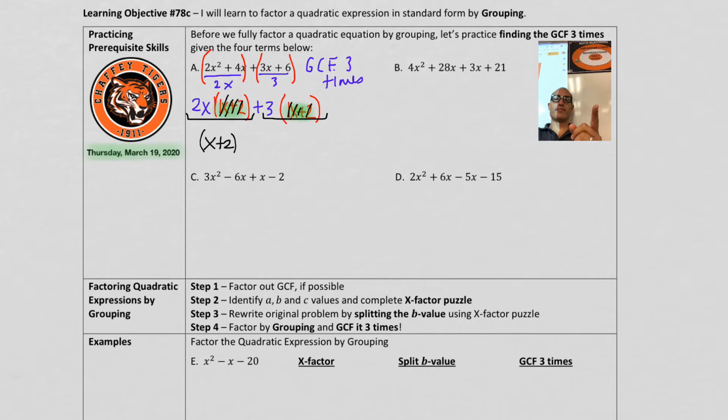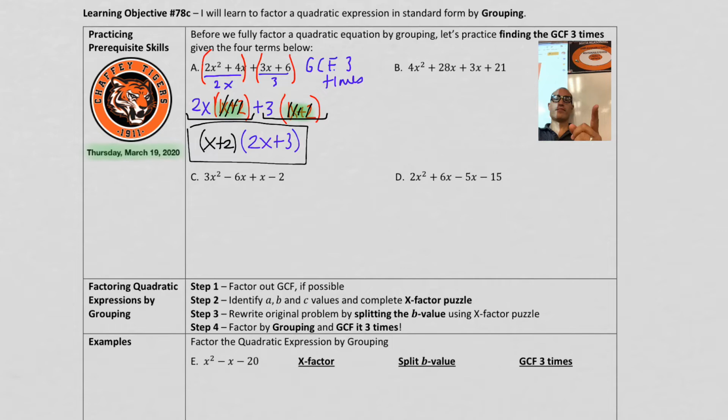And then what's left behind is 2x and then a plus 3. That becomes your other factor. So in this example, this is a complete response. This is the factored form of my quadratic. These are called factors. This is a factor, this is a factor. And this is the goal for today, that we can factor a quadratic expression by grouping.